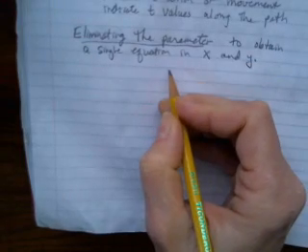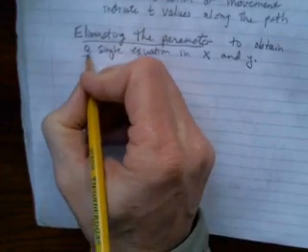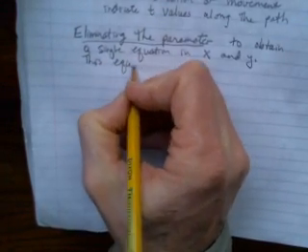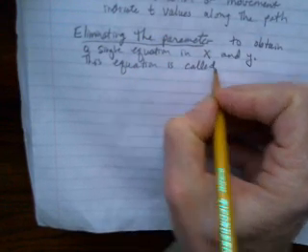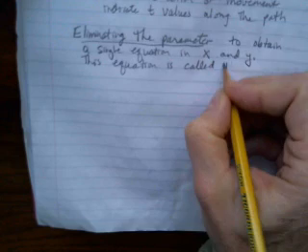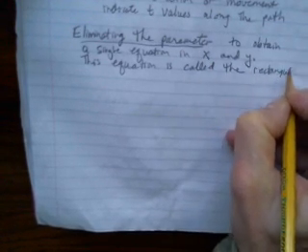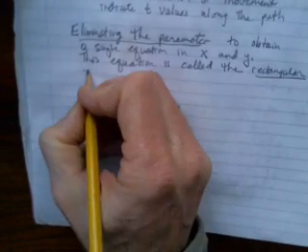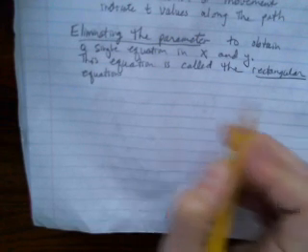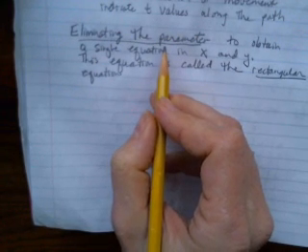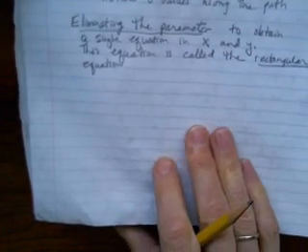All right, this single equation in x and y is called the rectangular equation. That's an important vocabulary word for you, the rectangular equation. So what we're going to do is go from a set of parametric equations to a single rectangular equation.